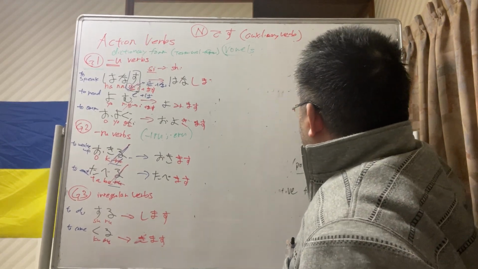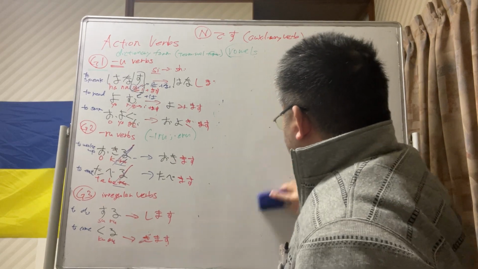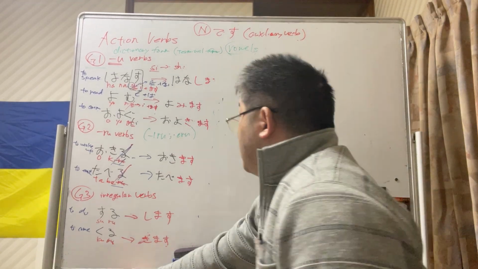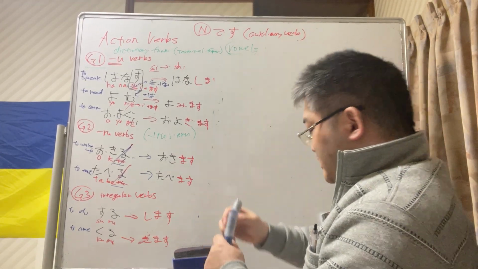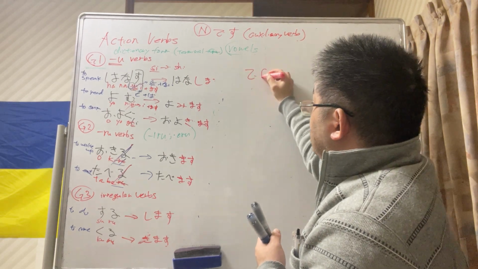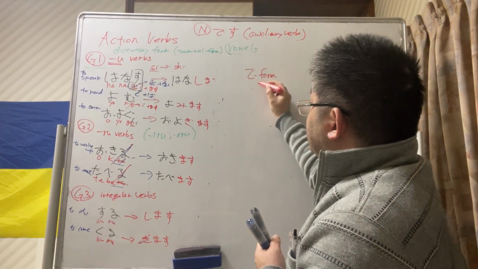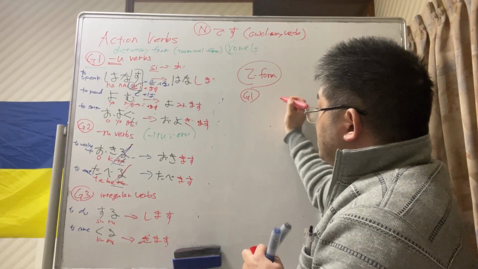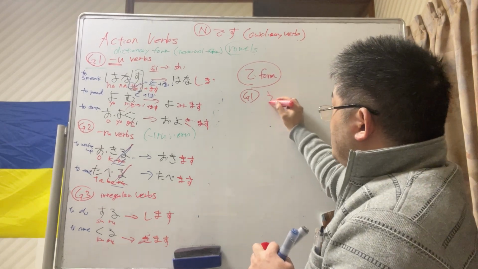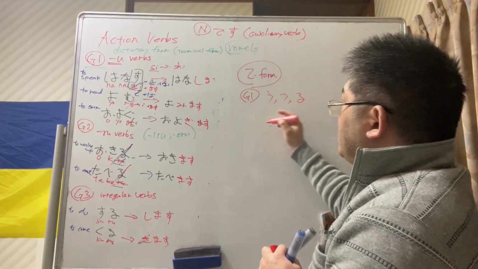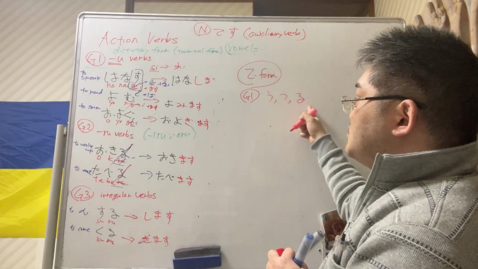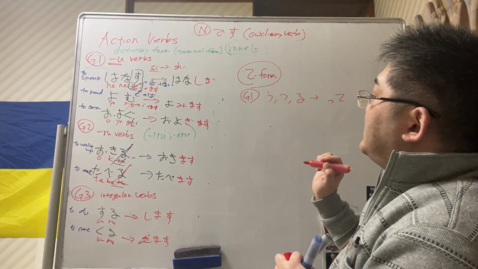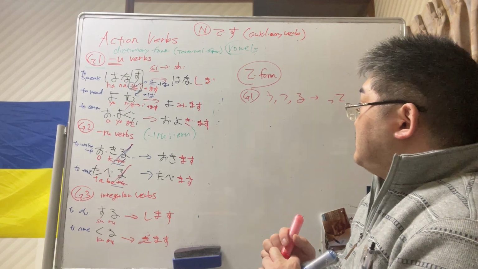So with te form, you will need to know how to form it. Here with group 1 verbs, anything that ends with u, tsu, or ru changes into tte.